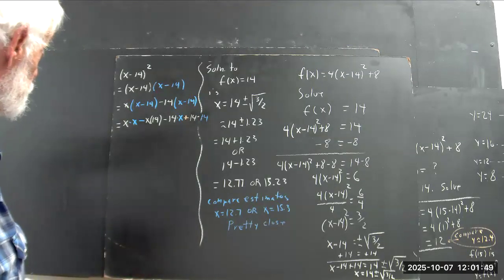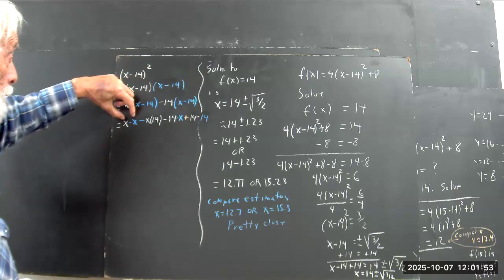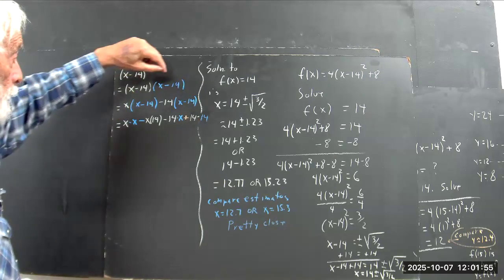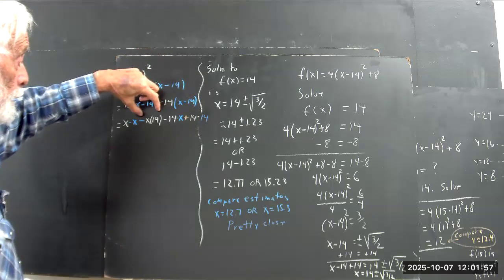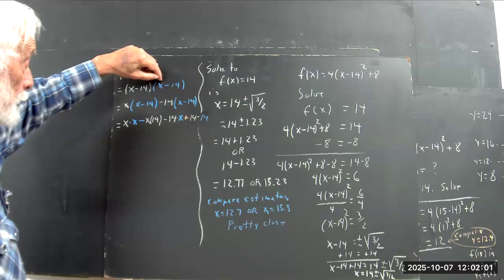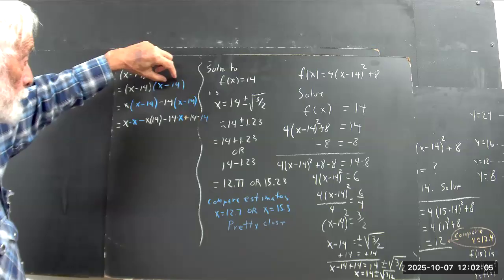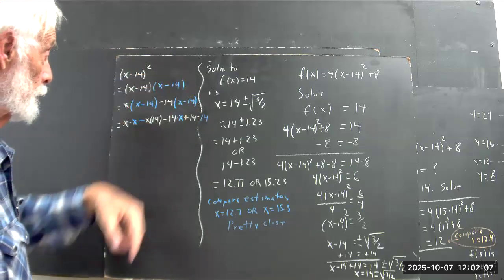So what's happened is x has multiplied x, there it is. x has multiplied negative 14, there it is. Negative 14 has multiplied x, there it is. And negative 14 has multiplied negative 14, there it is.